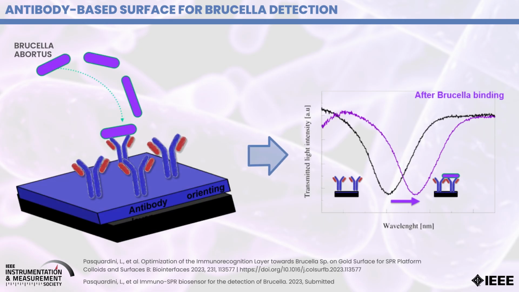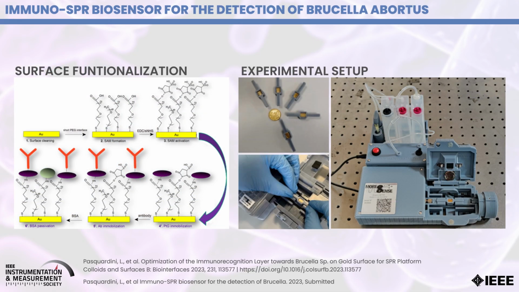And as can be seen in this slide, the successful immobilization of the antibody upon the gold sensitive surface has been monitored spectrally. In this slide is shown an image of the POCT device, which is a very compact one, and which has been used to perform experimental measurements.